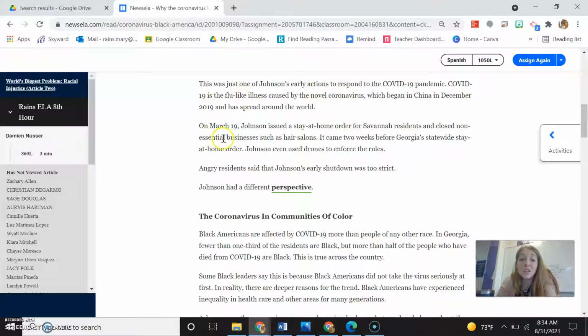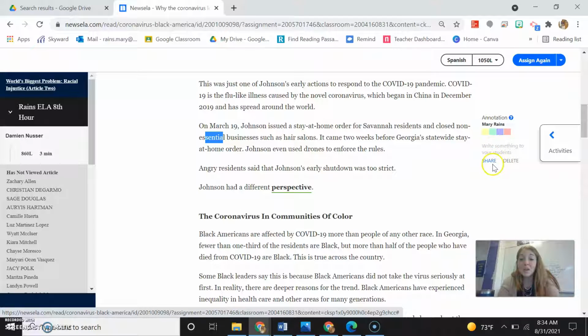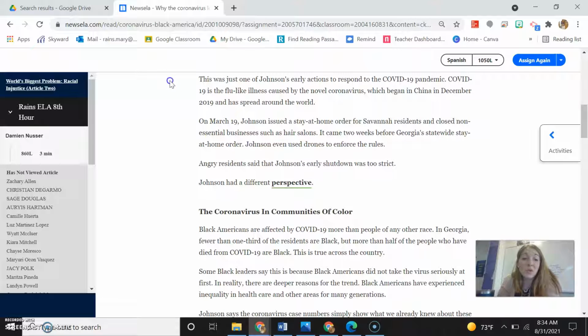If I didn't know what essential was, I would Google essential, and then I would make a note and put the definition here, so that you would have it for when you go through and read it.